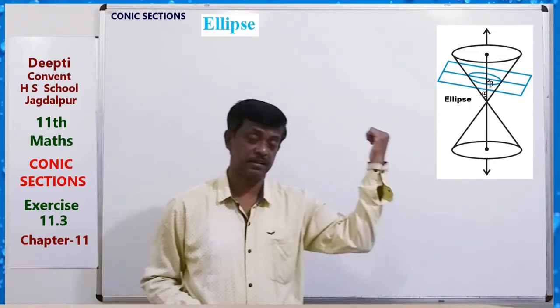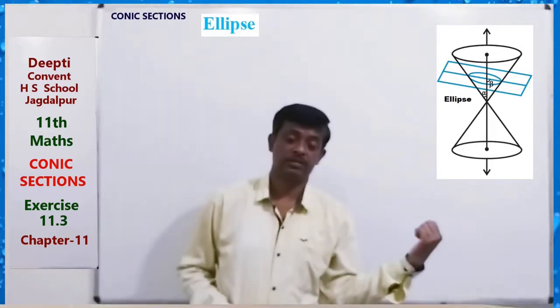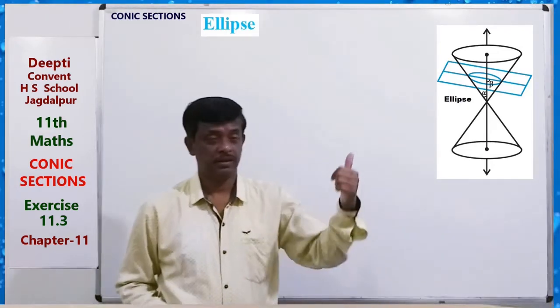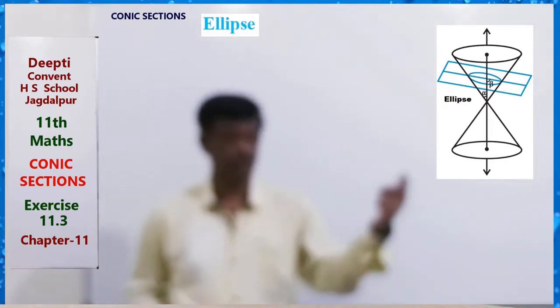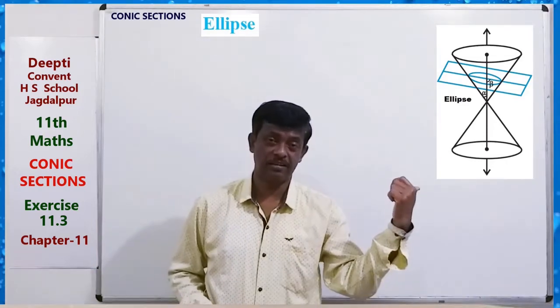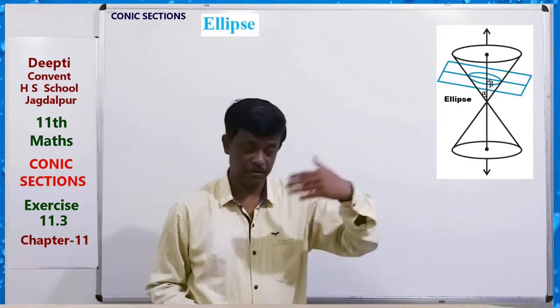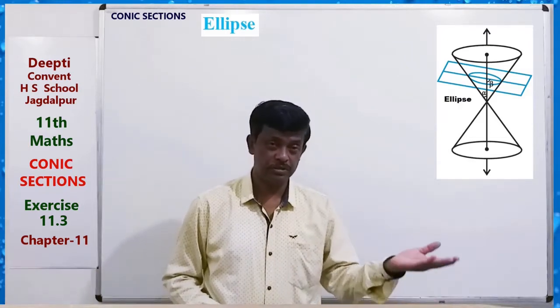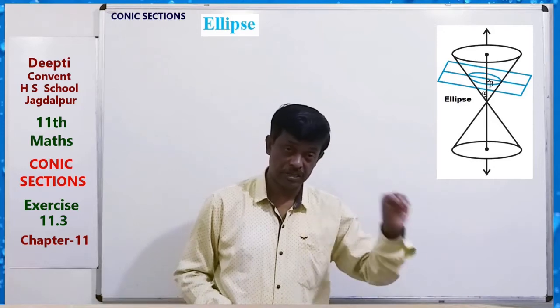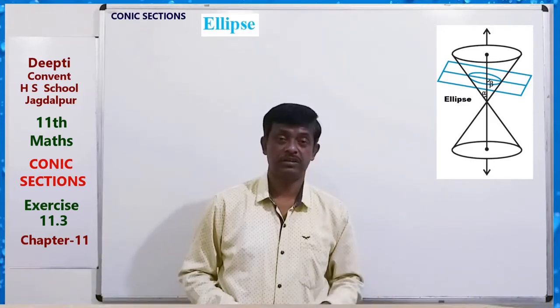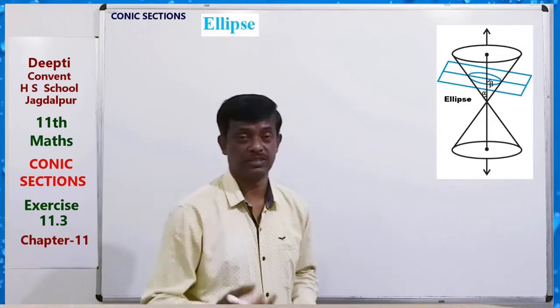Just like in a circle, the distance from a fixed point is the same. In a parabola, the distances from a fixed point and from a fixed line are the same. Here, points in a plane, the sum of whose distances from two fixed points remains always constant.